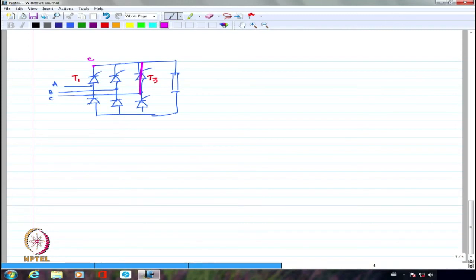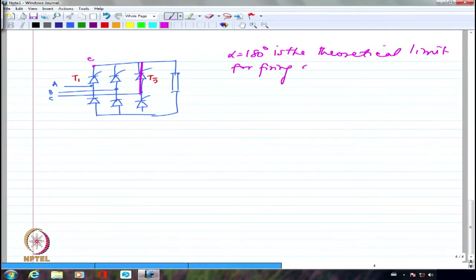So, obviously at alpha equal to 180, VAC will start going in the reverse direction. So, I will not be able to fire T1 if I want to fire it after alpha equal to 180 degrees. So, alpha equal to 180 degrees is the theoretical limit for firing any device, because after that it is going to get reverse biased.